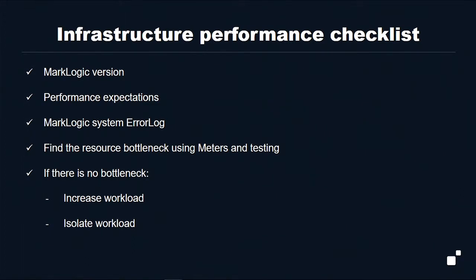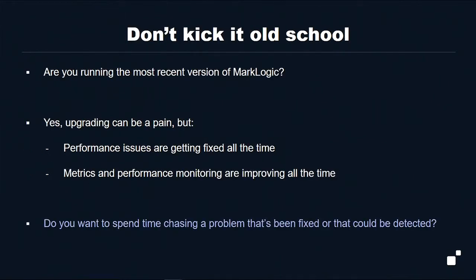Then it's a matter of finding your resource bottleneck, and how historical meters is a very helpful way to find those problems, but also how you test to find those problems, and how you figure out where these bottlenecks are. And if you don't have a bottleneck, well, maybe you just need to put more traffic on the server. Maybe you just need to increase your workload, or maybe you need to isolate your workloads because your different workloads are causing you to lose track of what's actually causing your performance issues.